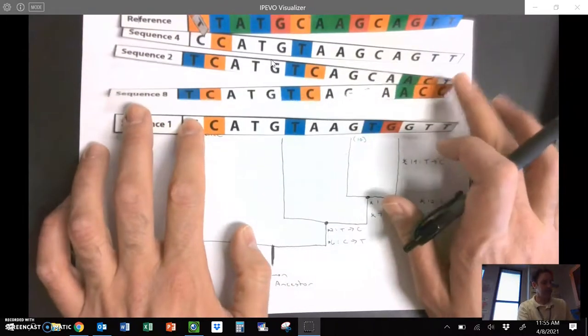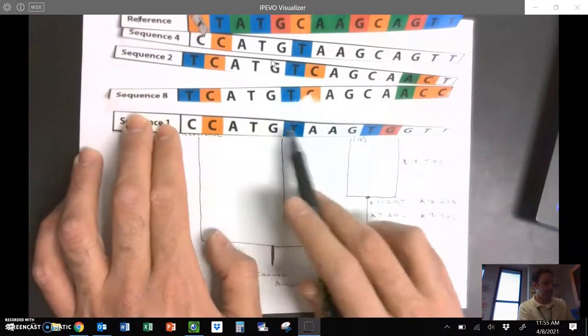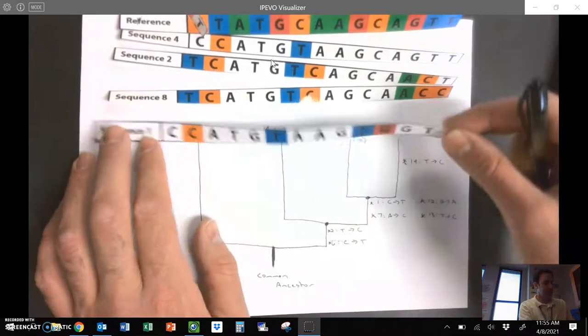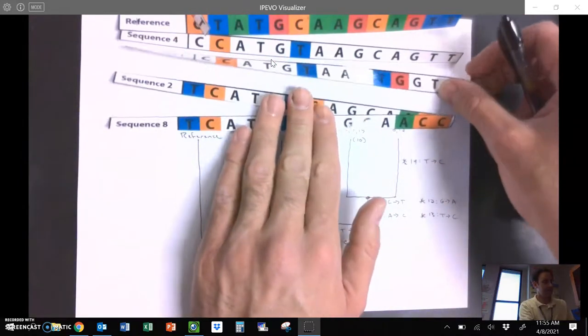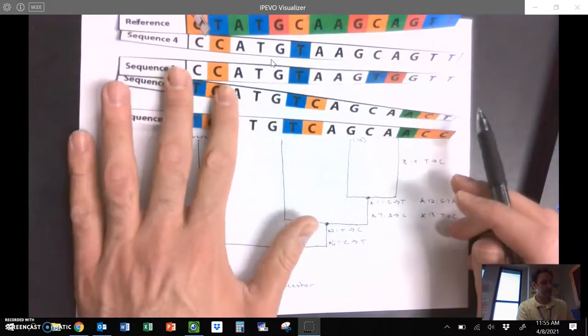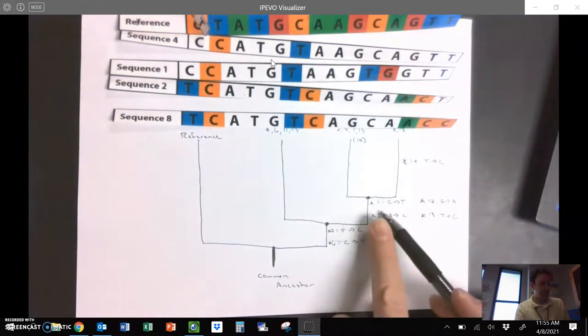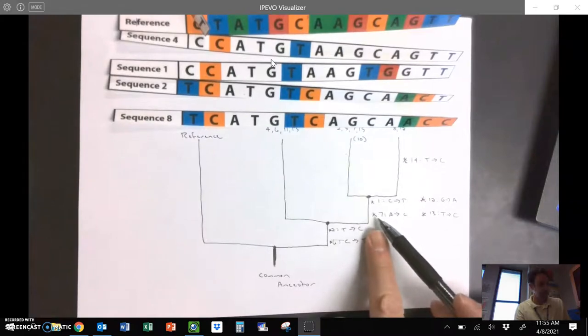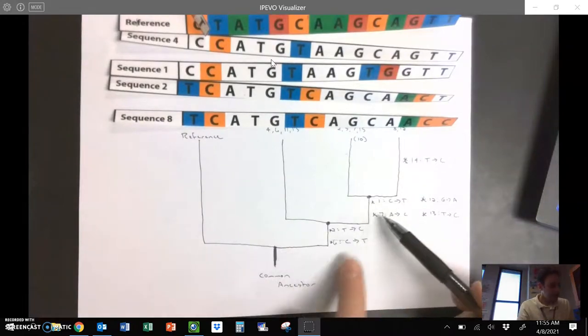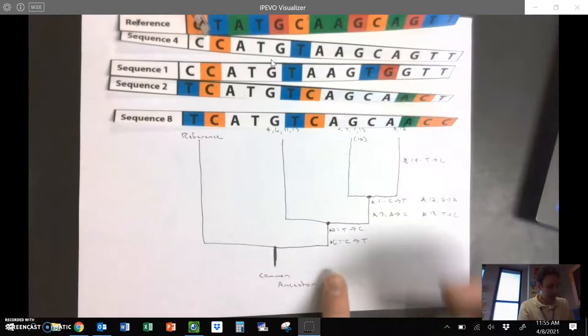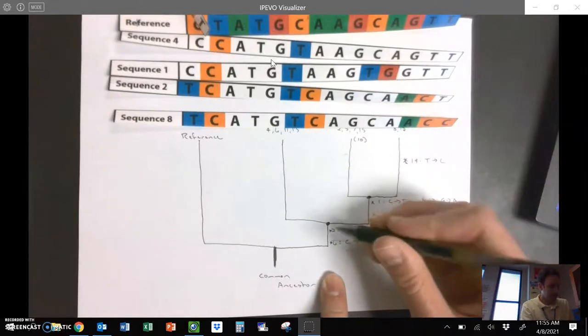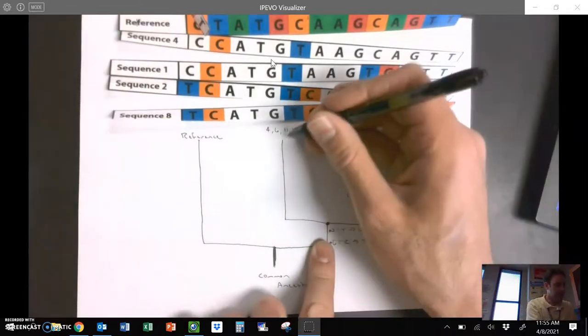So if you look at this, clearly this has the first 2 mutations, that C and T, but it didn't inherit those 4 new ones. And so this guy must have branched off before these 4 mutations took place. So sequence 1 inherited these 2 changes, but none of those. So it must also be over here.